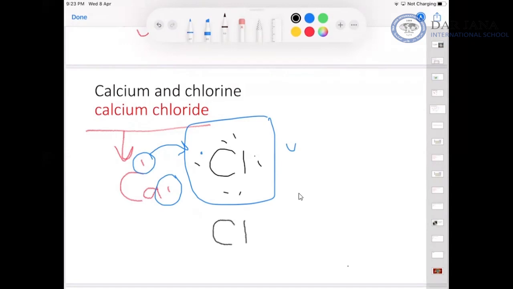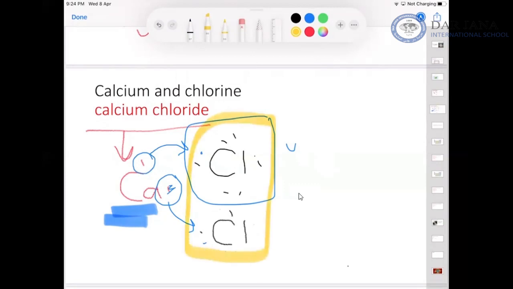atom. So I will have another Cl, and now this electron will go here. So when you check the compound at the end, you will notice that you will need 1 Ca and 2 Cl, right?